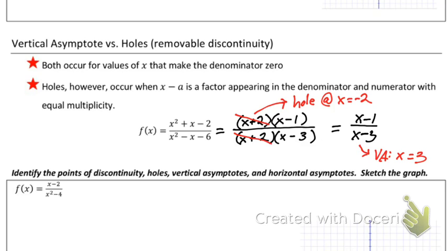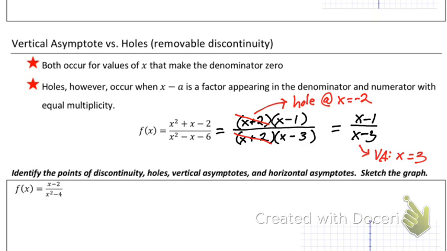Now, I want to point this out one last time for us to really focus on this. If you plug in x squared plus x minus 2 over x squared minus x minus 6 in your calculator, and then you plot x minus 1 over x minus 3 on another calculator and you compare them, they're going to be the exact same graph because your graphing calculator does not graph holes.